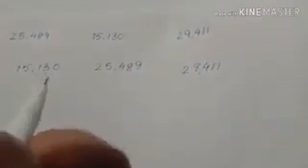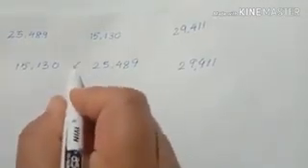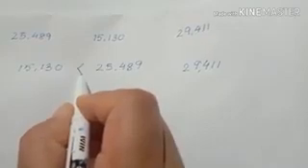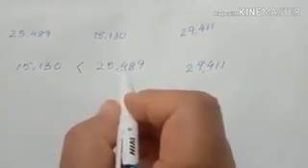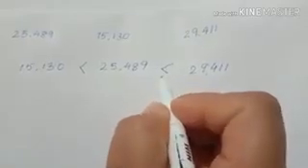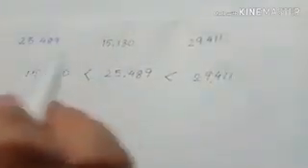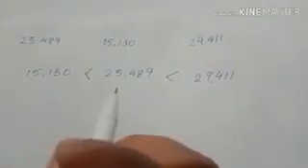Now, if we put the sign, 15,130 is less than 25,489 and 25,489 is less than 29,411. So, this is how you can compare the three numbers.